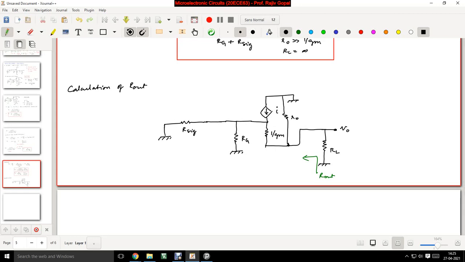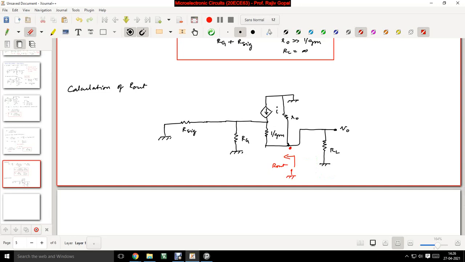If I look at R out here, R out is a value which is measured excluding RL. So it is measured between this point and this point. I can see 2 resistances.